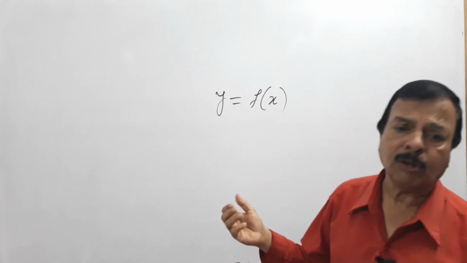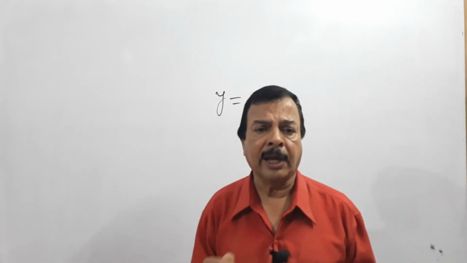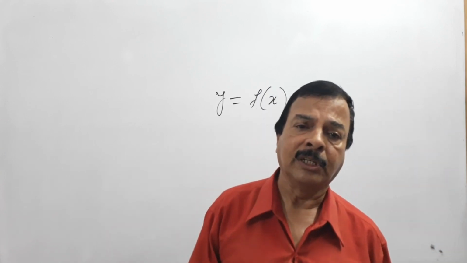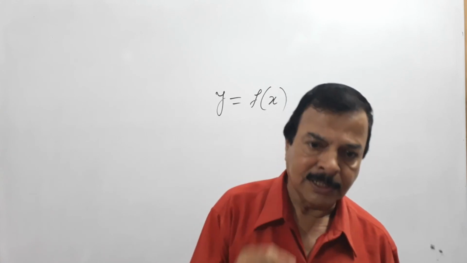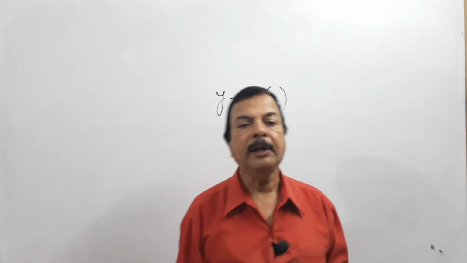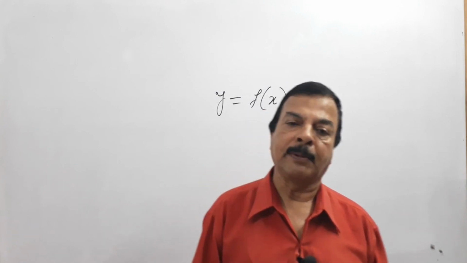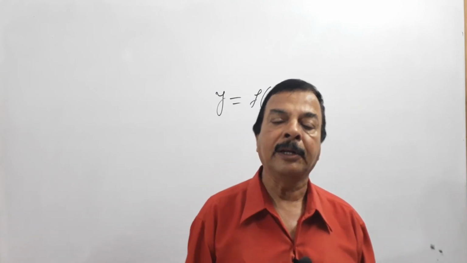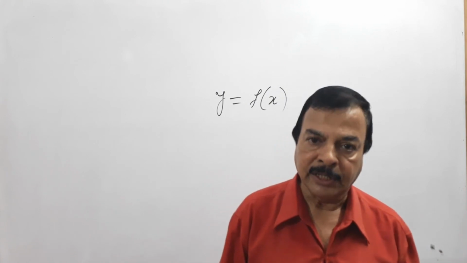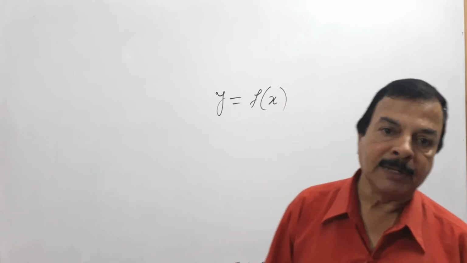On the contrary, what is an implicit function? So let's know an implicit function. If the dependent variable y cannot conveniently be expressed as a function of the independent variable x, it is called an implicit function.